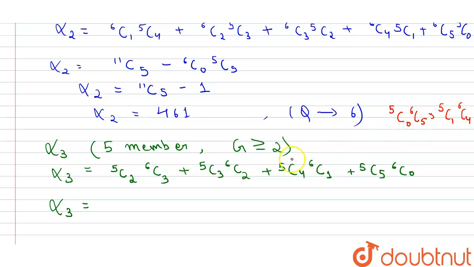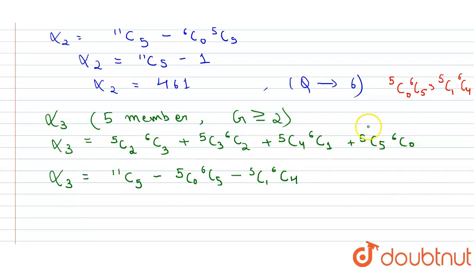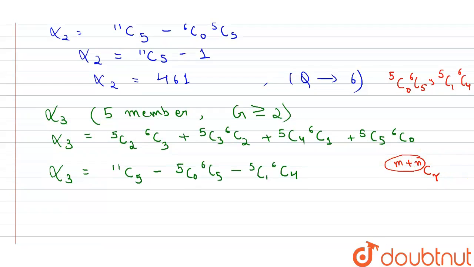So we have to subtract these 2 terms from 11C5: minus 5C0, 6C5, minus 5C1, 6C4. In the summation rule, we follow the rule M plus N C R, where this is the same for everyone over here and this is also the same, so we can use this formula directly.